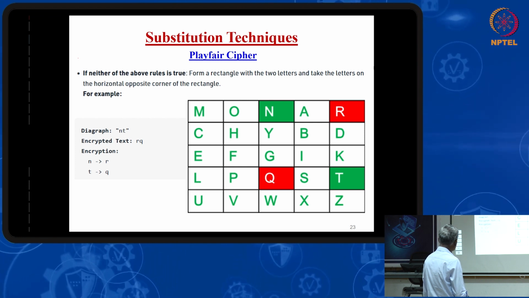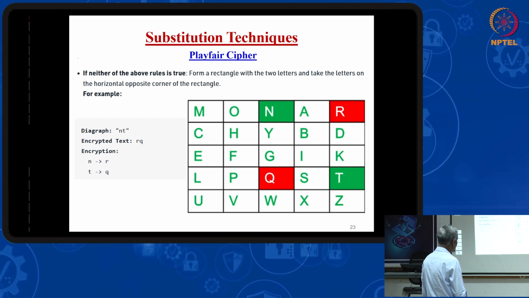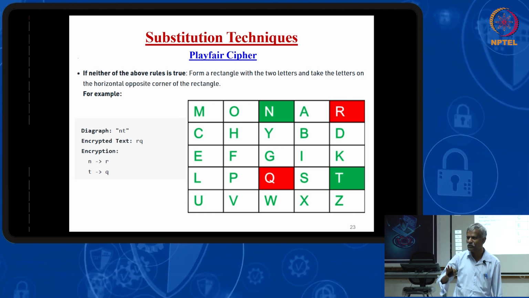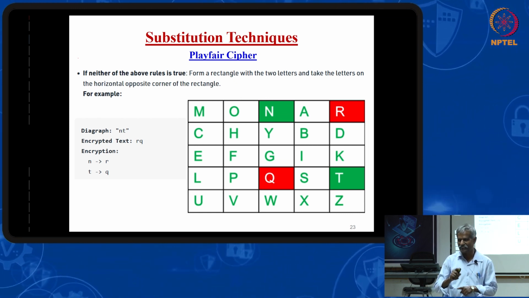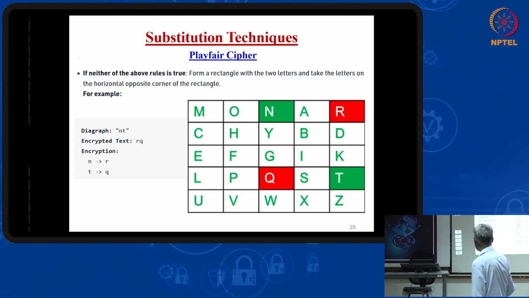Next, N here come down, and T come to the left, it is Q. So RQ. They will be intersecting two times. How many times are N and T intersecting?